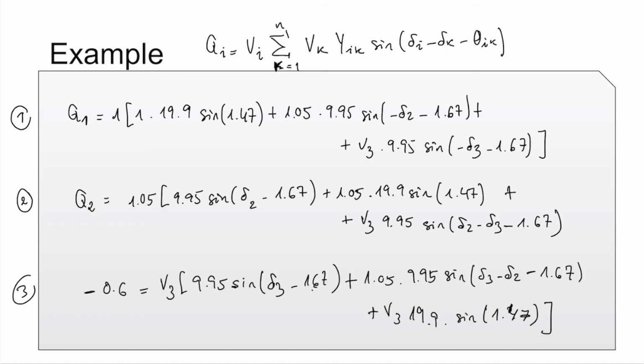And finally, if we write the equation for each node for the reactive power, for the first one, we don't know Q1, and we still have some decision variables that are relating to delta 2 and 3 and V3. So they are the same variables that appear in the previous definition of the reactive powers. So we see like Q2 is a new decision variable, delta 2 is already in there, delta 2, delta 3, V3, V3, delta 3, delta 3, and delta 3.